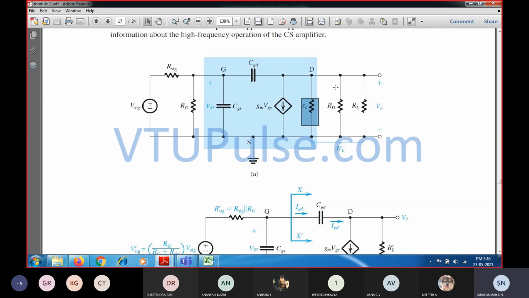Followed by that, at the output side, you'll be having two resistances: the drain resistance RD as well as the load resistance, which is connected at the output side. That is about the high frequency equivalent circuit model.